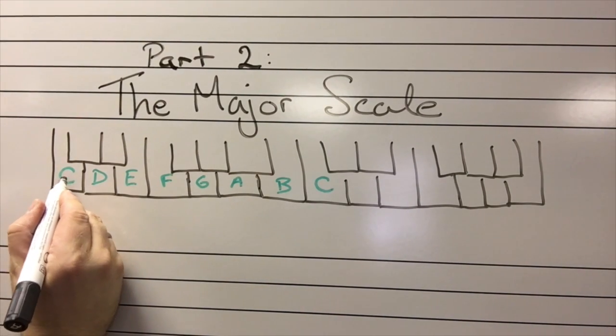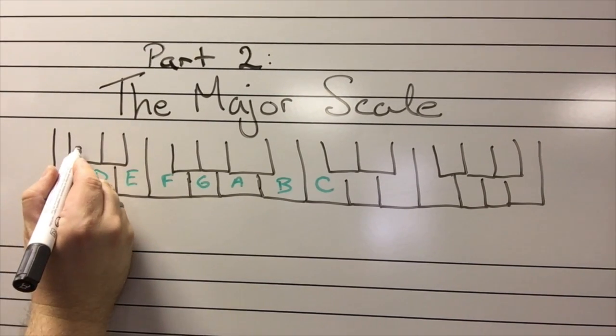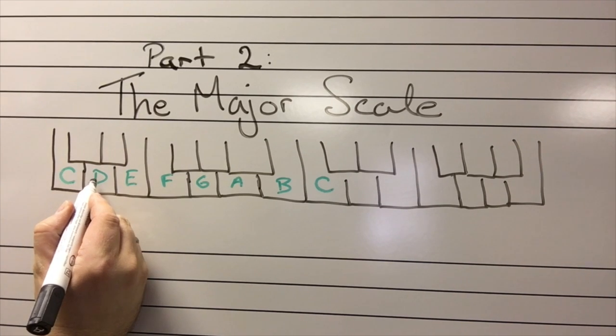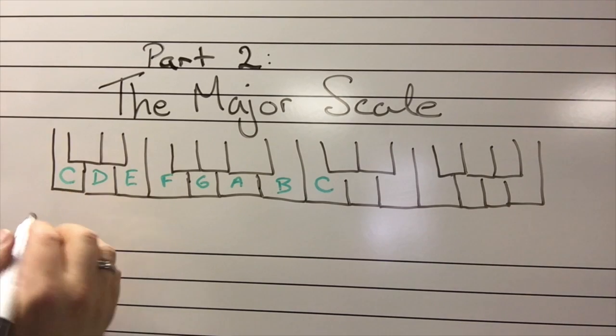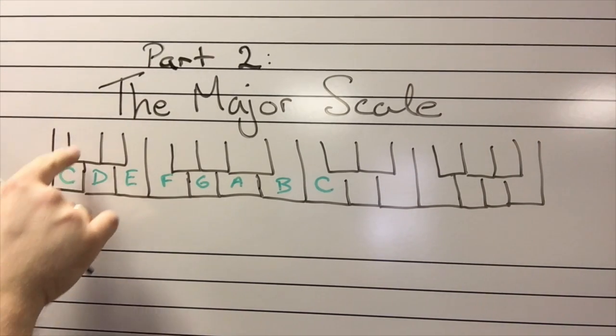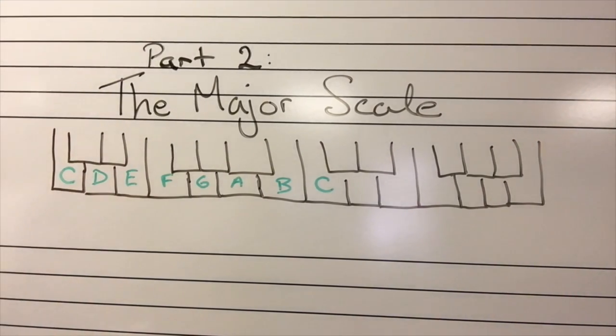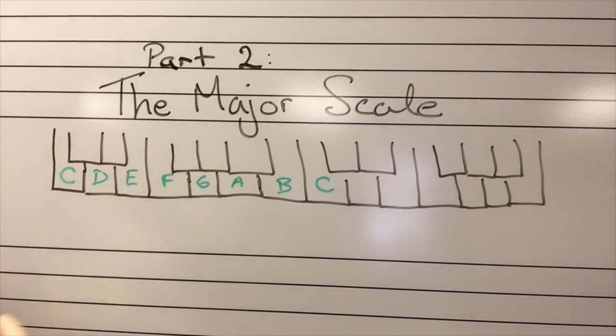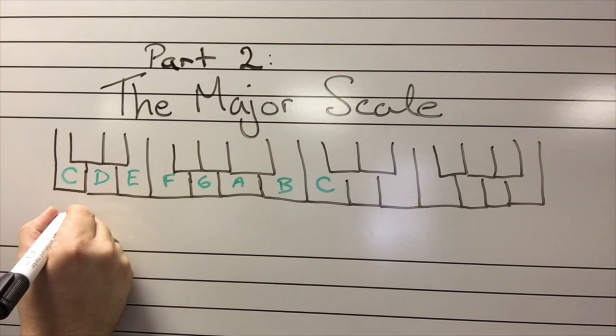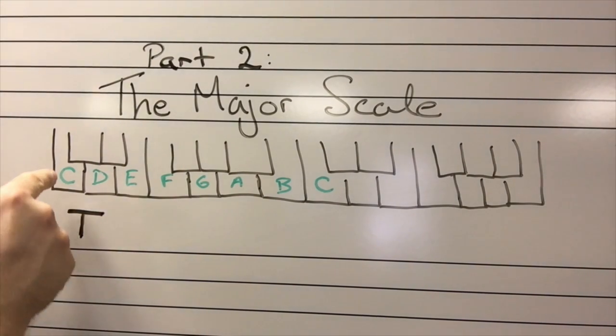Our first step from C to D is 1 semitone, 2 semitones. You'll remember from our first lesson for sharps and flats, there is no C sharp or D flat in the C scale. So what we call 2 steps is a tone. That is 1 tone, C to D.